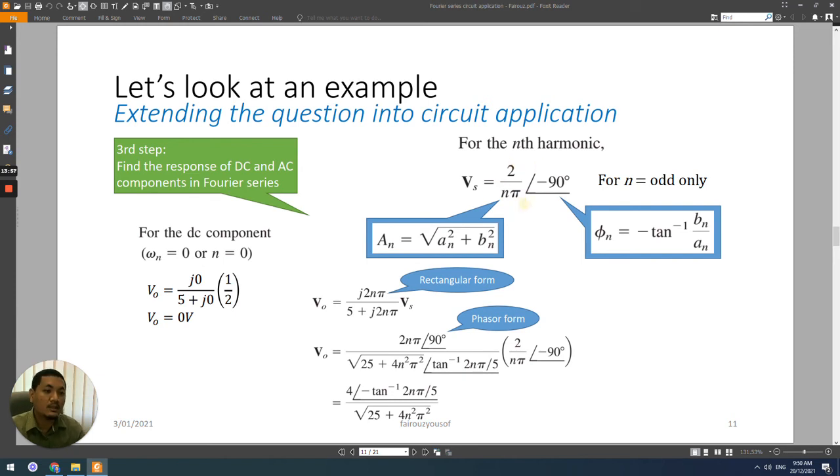How can we get this? From the an and phi n, the amplitude and angle. So this is the Vs represented in amplitude and phase. Since this is in phasor form, we have to convert this from rectangular form into phasor form.